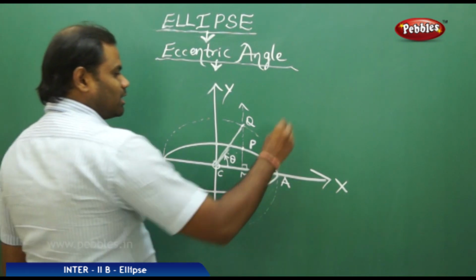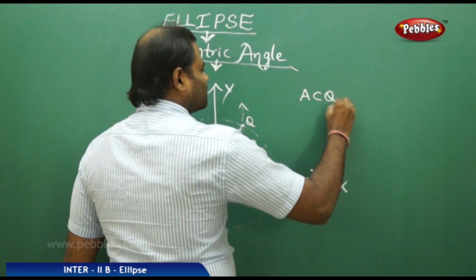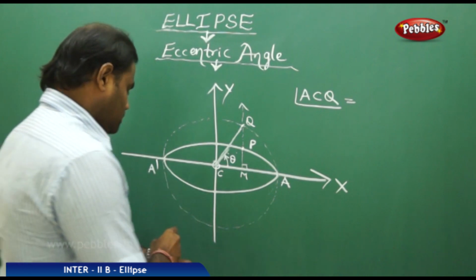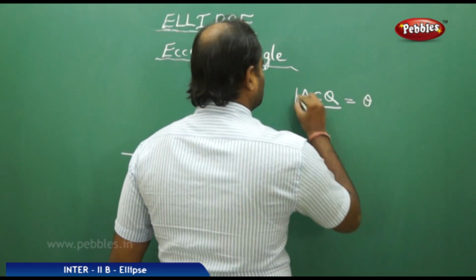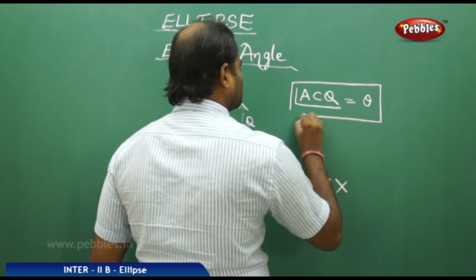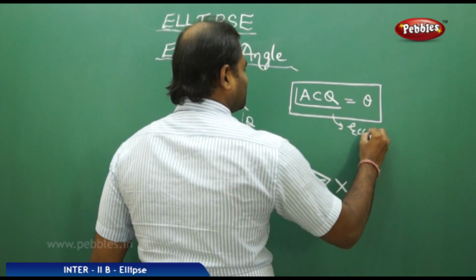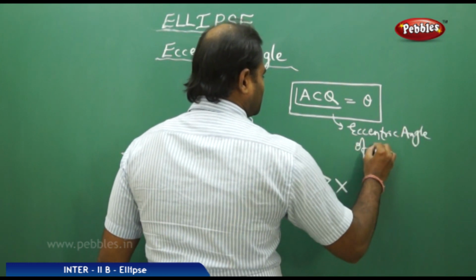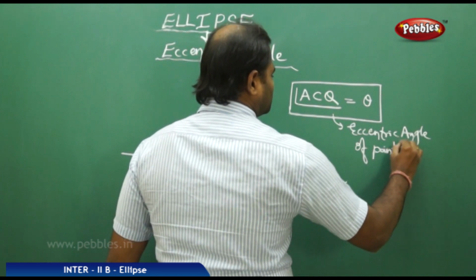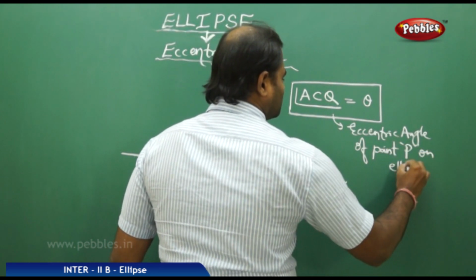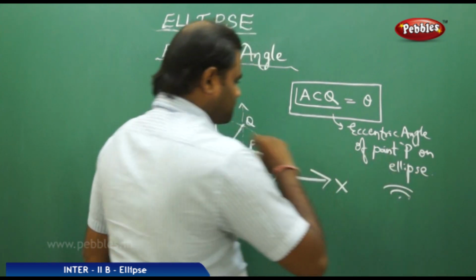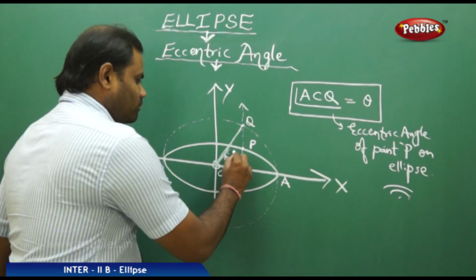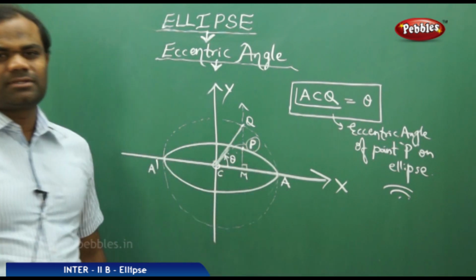It's very simple: this line makes an angle theta in the anti-clockwise direction, which is called the eccentric angle of point P on the ellipse.